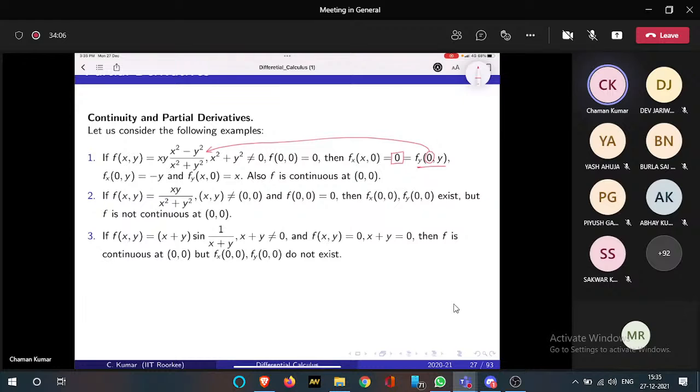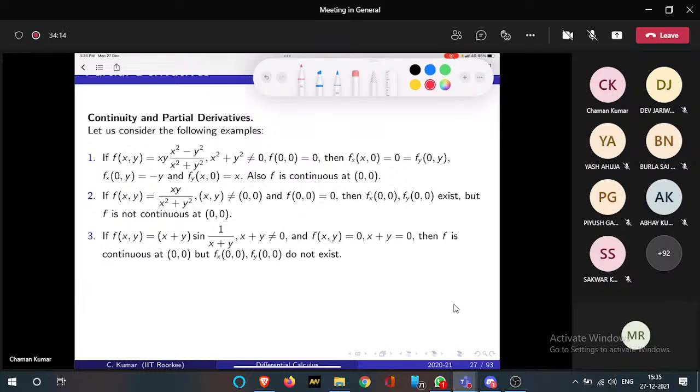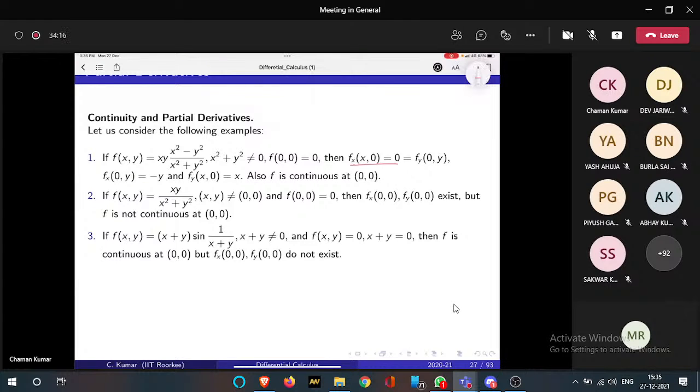Okay, so you see that both the partial derivatives exist for this function. And similarly, you can calculate the partial derivative at point (0, y). So you take, this will come out to be minus y, and this will come out to be x. So you have the partial derivatives, but the function is not continuous at (0, 0).